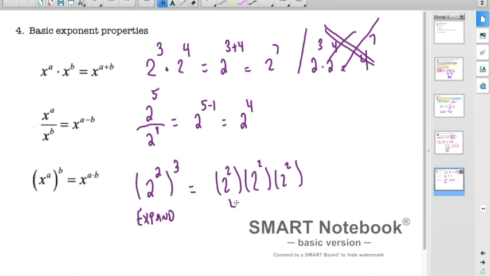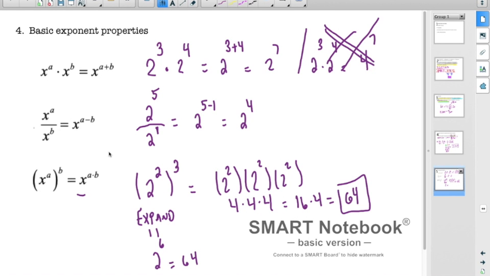And then I can simplify each of those. 4 times 4 times 4, which is 16 times 4, which is 64. Which is also what you would have got if you did it the other way. The property says this would be 2 to the 6th power, which is also equal to 64. But we do it this way. This is the way we should be doing it, okay?